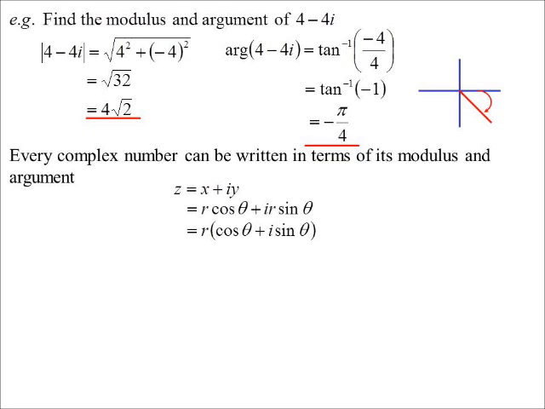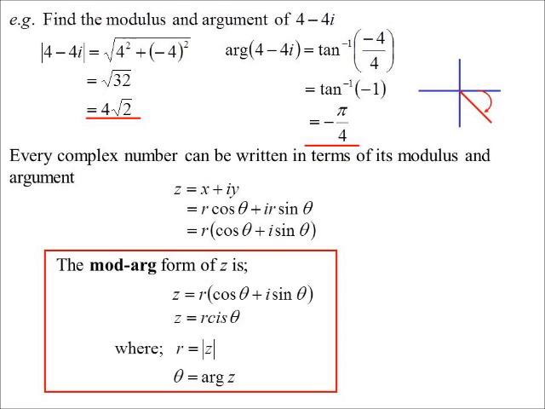Obviously, r is the same for both, so we could factorise it, and we get r(cos theta plus i sine theta). So, the Mod-Arg form of a complex number is that z equals r(cos theta plus i sine theta). You will sometimes see it abbreviated like that.